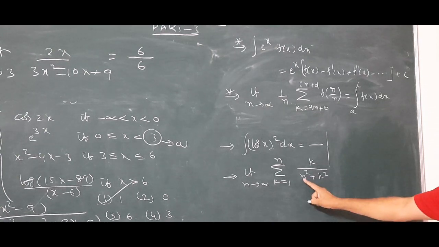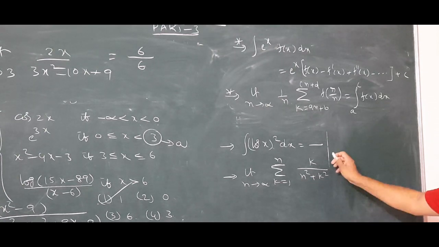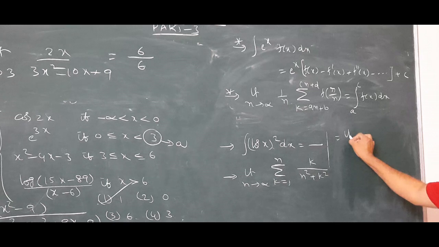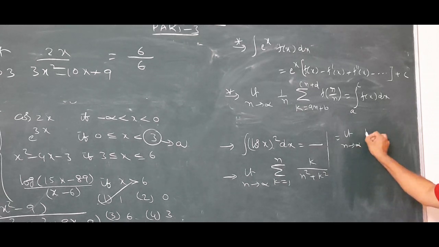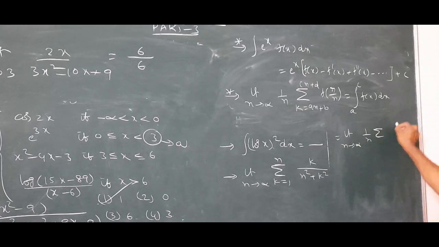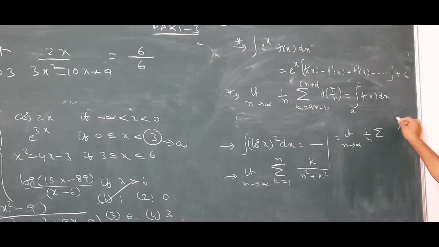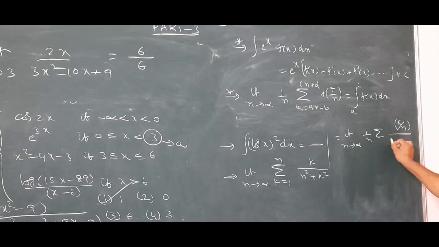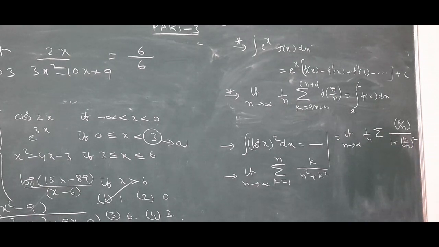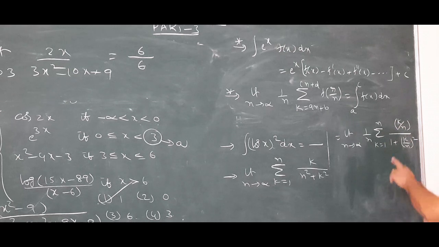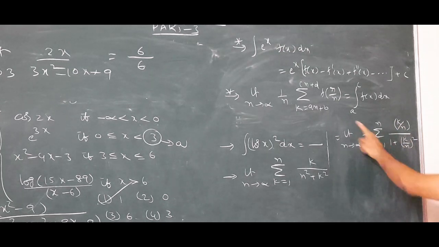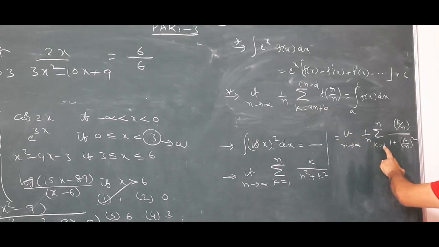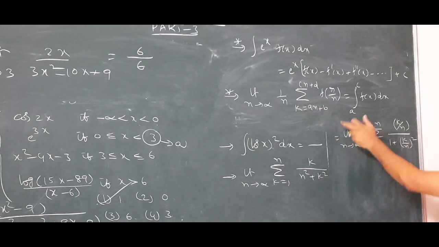Taking n common, n square common here, so that becomes limit n tends to infinity of 1/n sigma, (k/n)/(1 + (k/n)²), k = 1 to n. Lower limit is 1, upper limit is n. Lower limit n coefficient is 0, no n, so 0. Upper limit n coefficient 1.